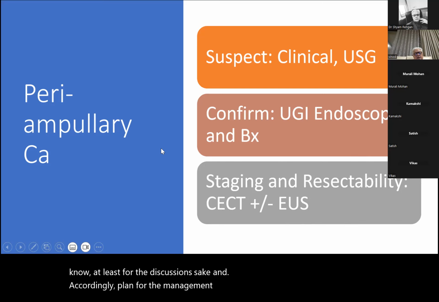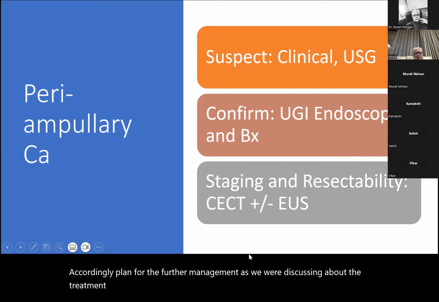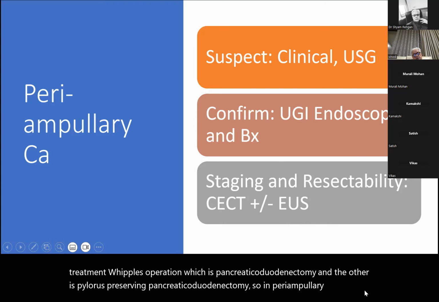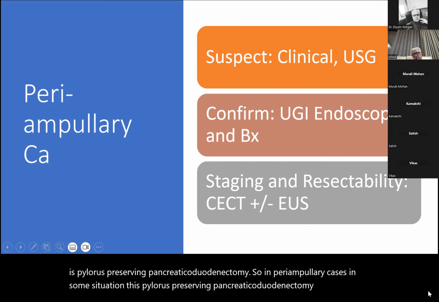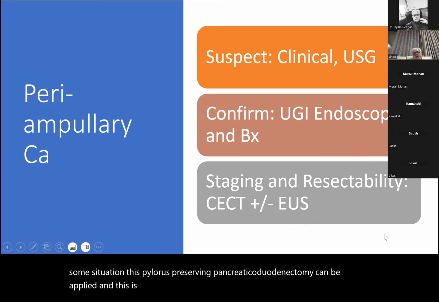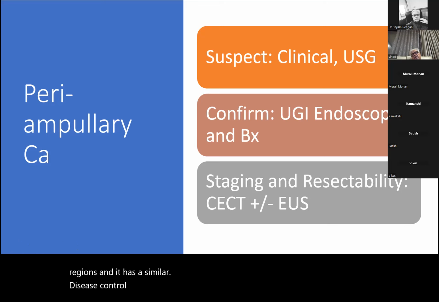As we were discussing about the treatment, Whipple's operation, which is pancreaticoduodenectomy, and the other is pylorus preserving pancreaticoduodenectomy. So in periampullary cases, in some situations, this pylorus preserving pancreaticoduodenectomy can be applied, and this is supposed to be a superior operation in some regions, and it has a similar disease control, and patients' digestive functions are better preserved.